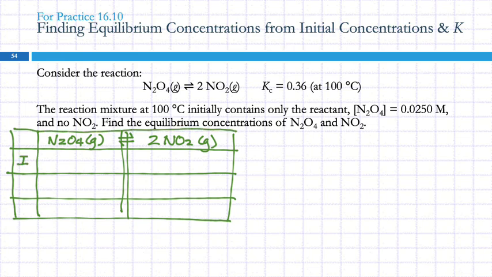ICE, that's why we call it an ICE table. I make my ICE table, and then I'm going to put my concentrations in. So here's the initial concentration of the reactant, 0.0250. And there was no product, so that's a 0.